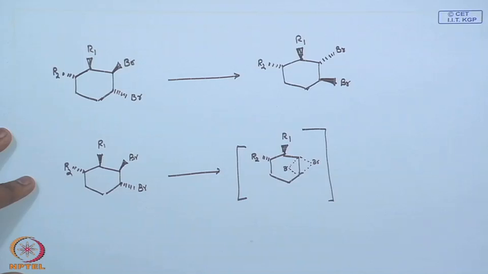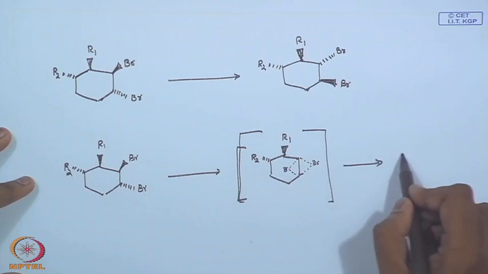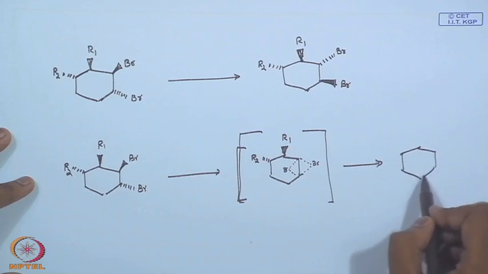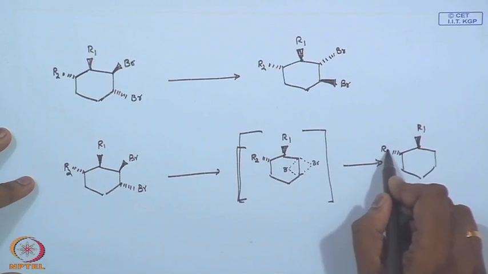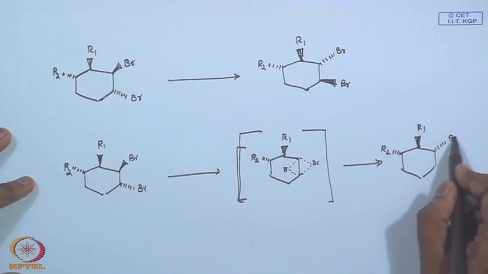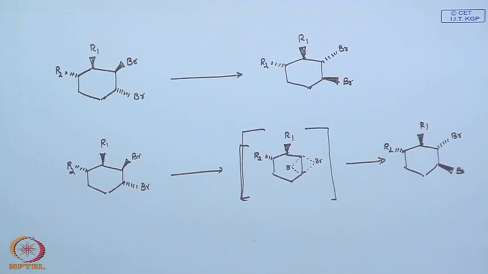Now they can easily interchange to give my product, R1, R2, with the bromines interchanged. This you call a type 1 dyotropic rearrangement. Any doubt with this? So this is called type 1. Now we will see type 2, how it works.